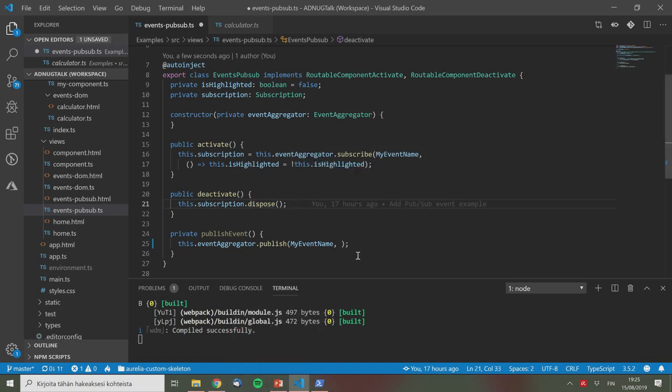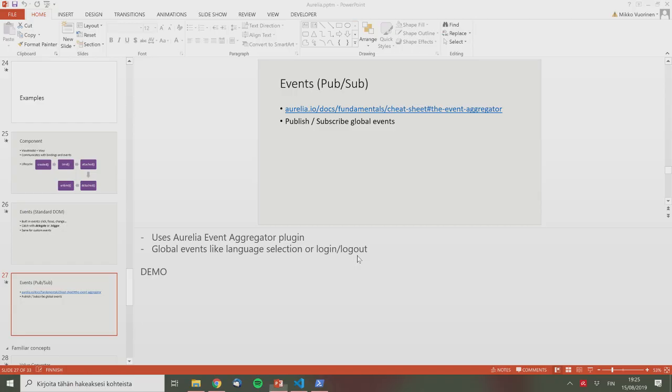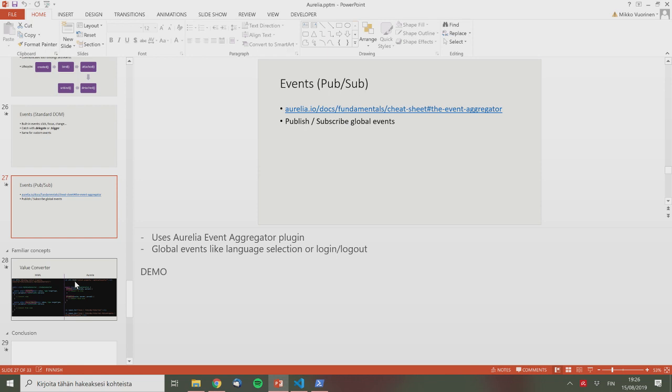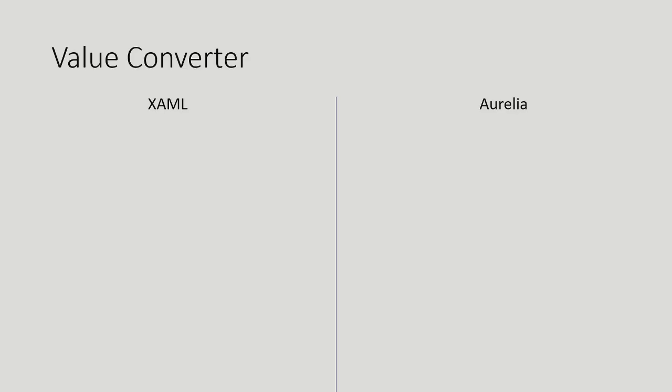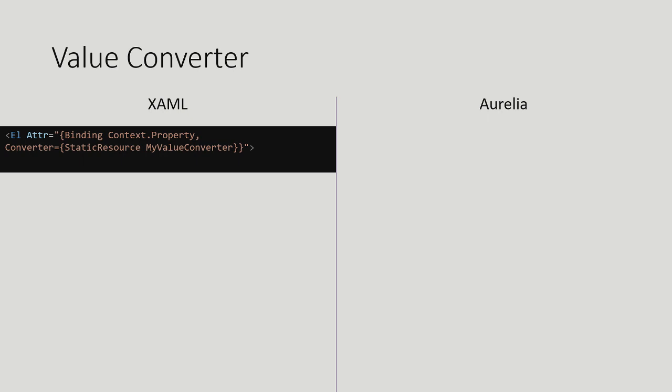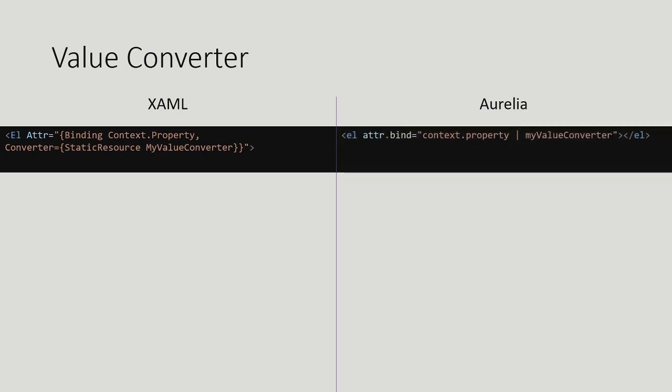One nice thing is that you can use this kind of signals for your value converters as well. So actually showing that next. So something that you might be familiar with if you build applications using XAML. So value converters.